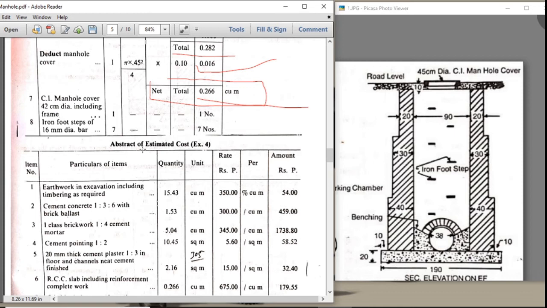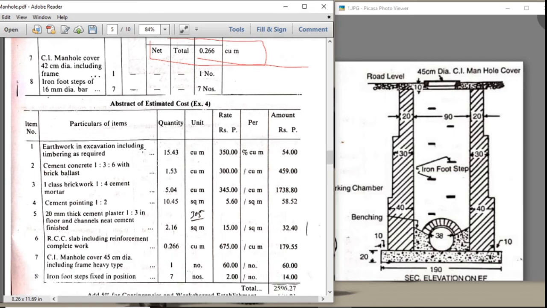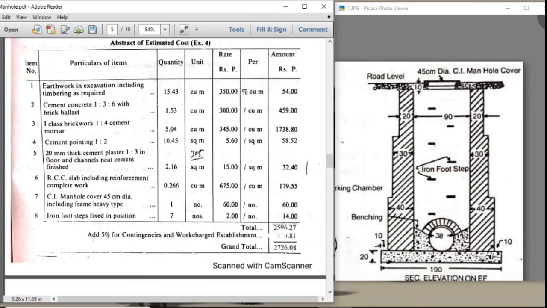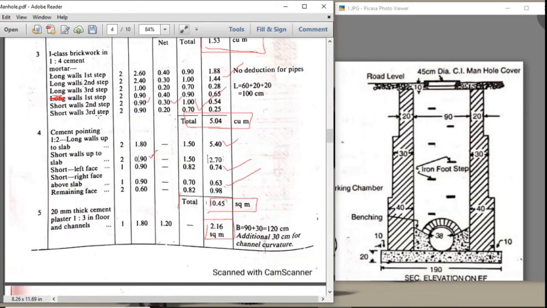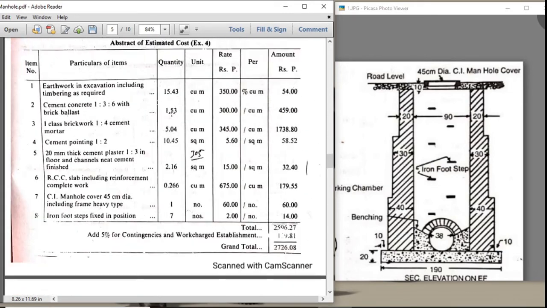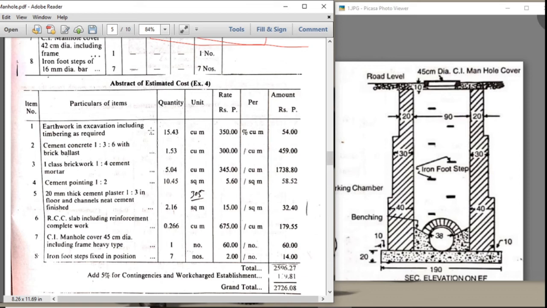Now we have to put them in the abstract of estimated cost form. So item numbers are the same, 1 to 8. Then particulars of the items, which we have already done in the measurement form. Next, quantity: the net quantity we got, mention here, and its unit you have to mention. Depending upon the local SR, the schedule of rates, we have to put the cost of each item.